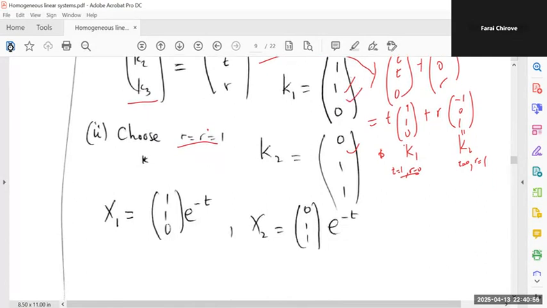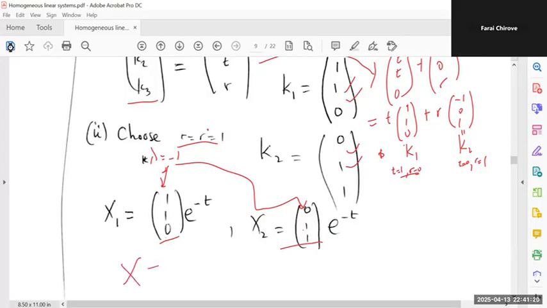But these ones are the ones that we're using. And then we have lambda equal to minus 1, but it's associated with two distinct eigenvectors. So this is a straightforward case where we now have x1 as this and x2 as that solution there.